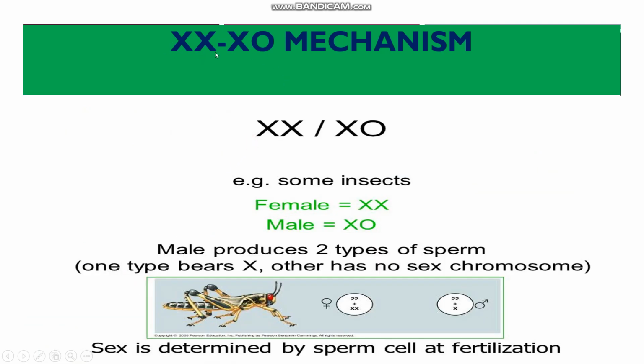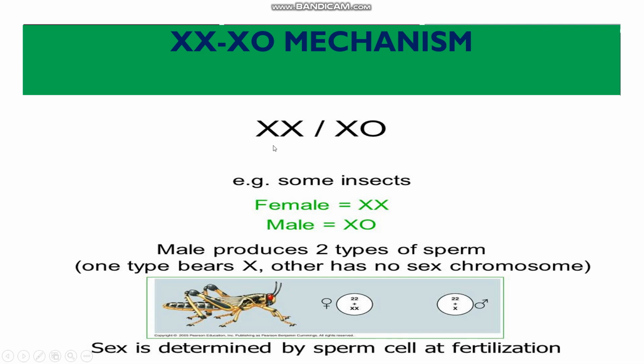Another type of sex determination is the XX-XO mechanism. Like in human beings, in this XX-XO mechanism, males are heterogametic and females are homogametic. And it is seen in certain insects. Females produce similar gametes, all the gametes carrying the X chromosome. Males produce dissimilar gametes, some gametes carrying the X chromosome and some gametes without an X chromosome.